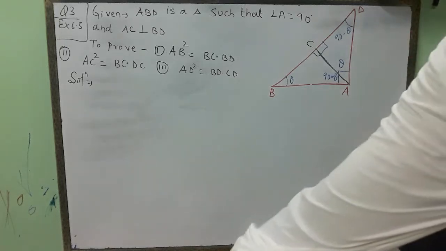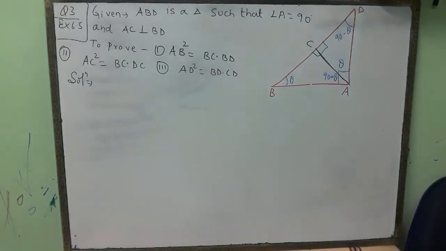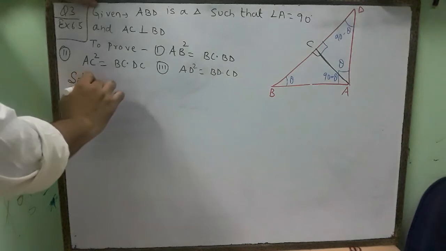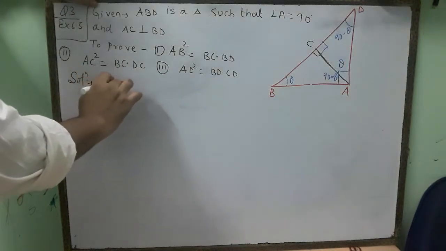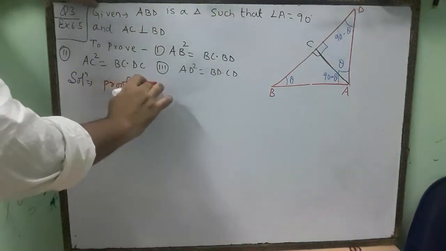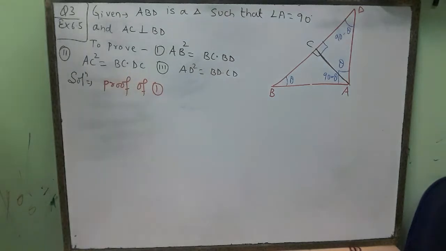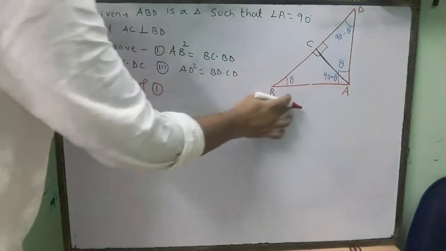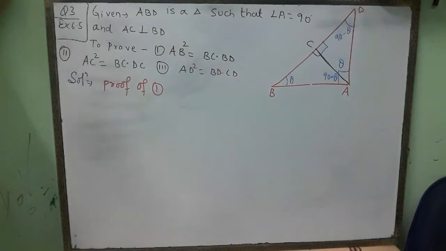The first solution will be something like that. Proof of the first: judge which triangles we have to use to prove AB square is equal to BC into BD. In triangle ABC it is AB, and in triangle ABD it is AB.